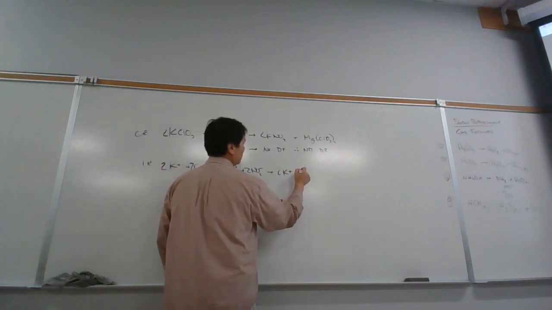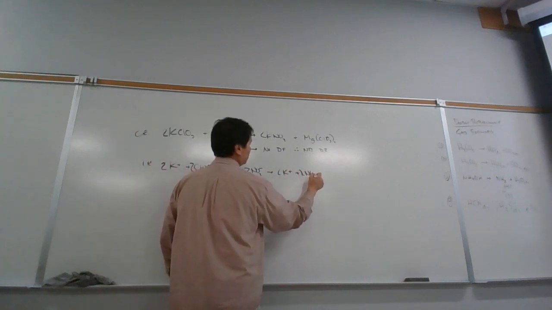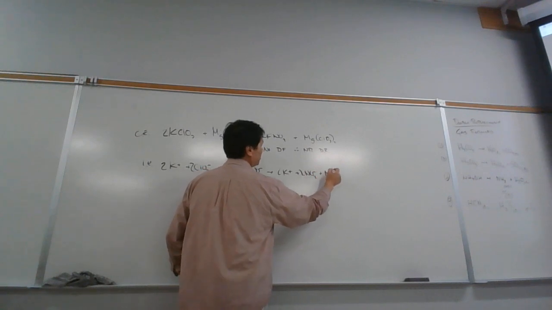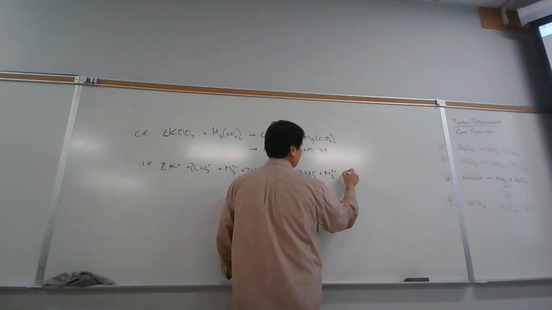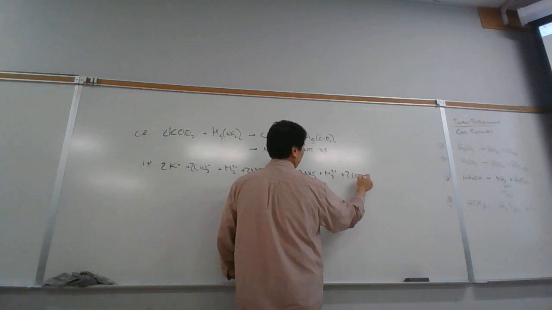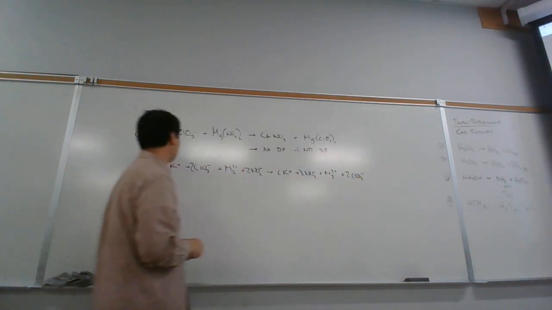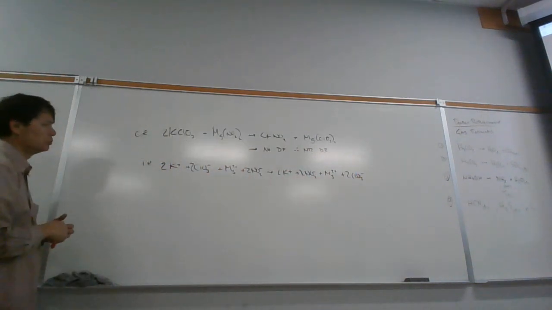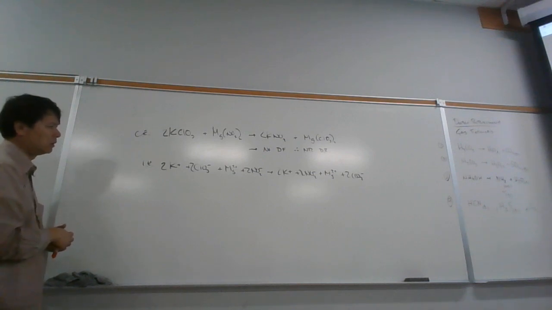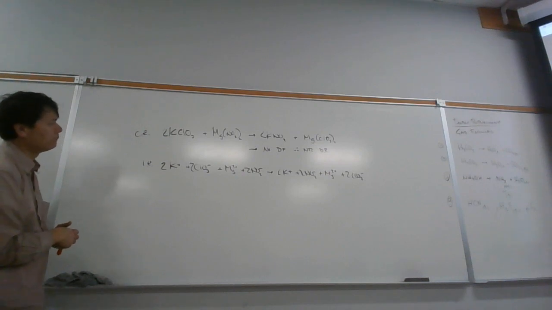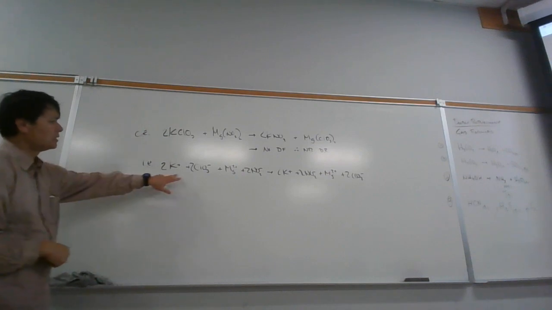Potassium ions, nitrite ions, magnesium ions, and chlorate ions. We'll balance it. 2, 2, 1, 2, 2, 2, 1, 2. 2, 1, 2, 1. Yeah. That's it. And then down here.